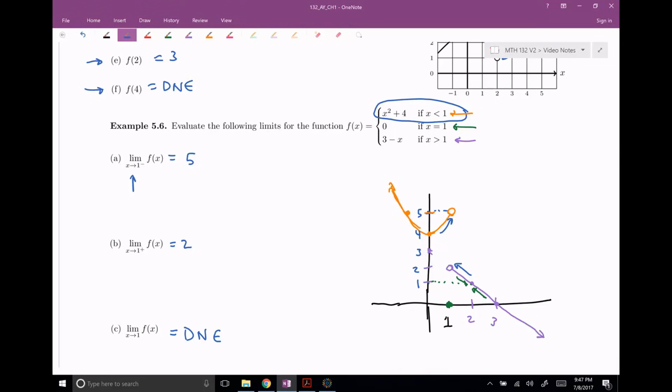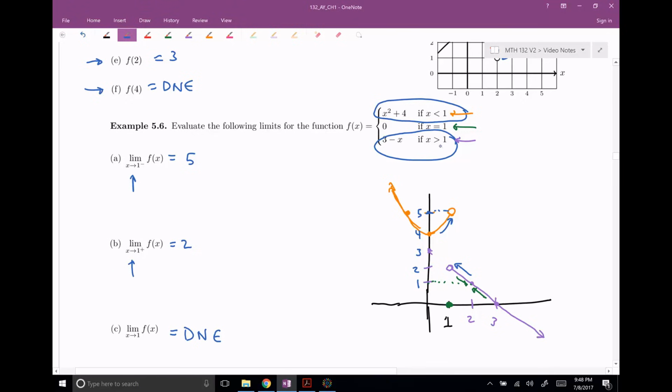Now again, technically you can't plug in 1. You'd have to think about plugging in something like 0.9999. If you plugged in 0.9999, when you squared it, it's going to be 0.9 and change, very, very close to 1. And when you add 4, that's going to be very, very close to 5. Likewise, over here, if we're approaching 1 from the right, that means bigger than 1. So we're determined by this last line.